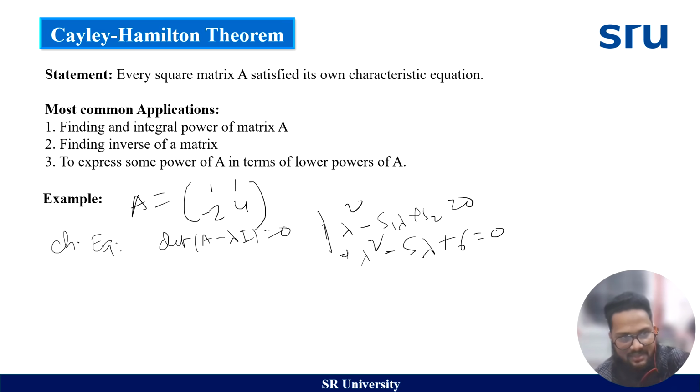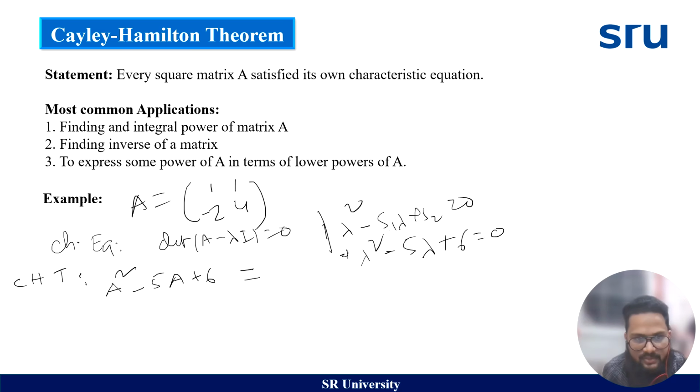Now what is the Cayley-Hamilton theorem saying? If we substitute lambda with A, then A square minus 5A plus 6 should be equal to 0. Please remember one thing here: we are replacing lambda with A. Lambda was a scalar, now we are replacing it with a matrix.